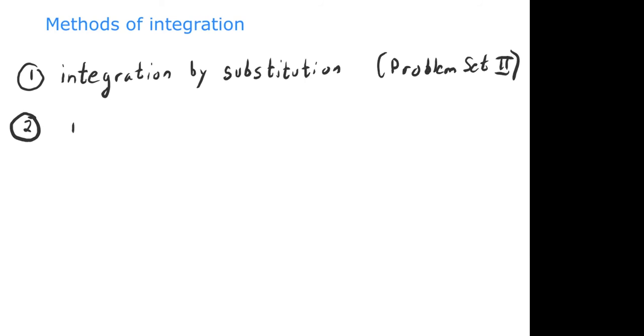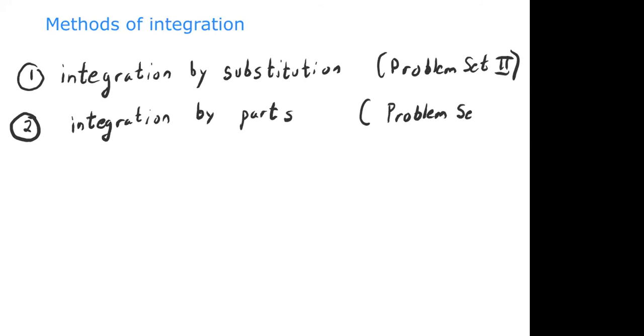Second useful way of doing integrals of functions of a single variable is the celebrated integration by parts. Again, we looked at an example last time, and I've given you some more practice problems in problem set 2.